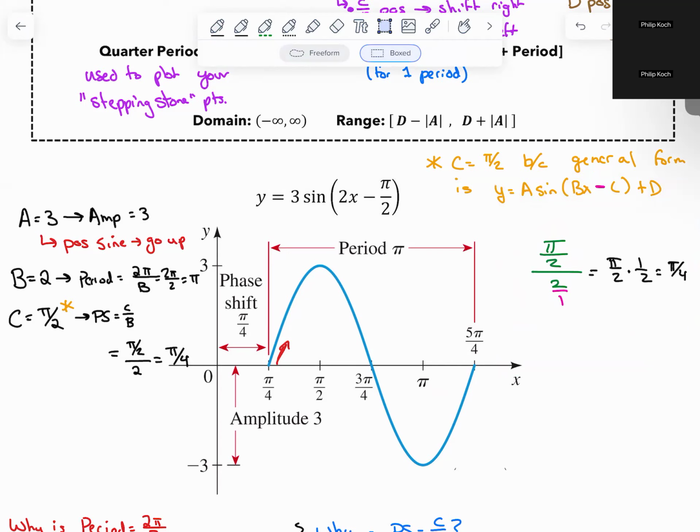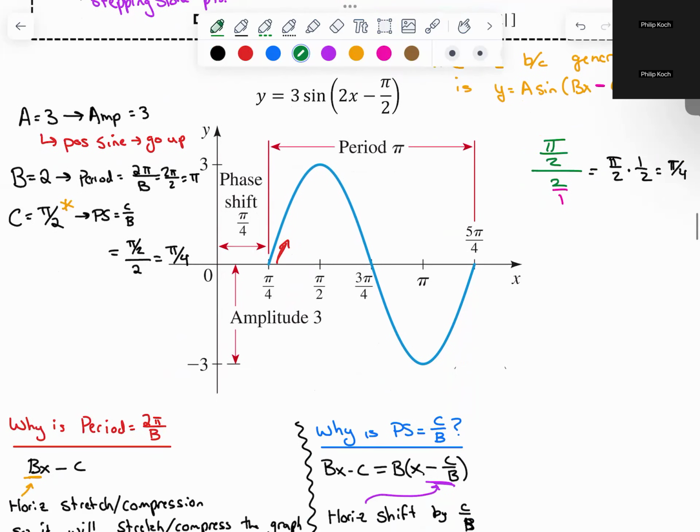So the phase shift was pi over 4. You'll notice the original sine graph would start at 0, but this one is positive. Let's use green. Positive implies a shift right. The right shift is by pi over 4 units. This is a lot of information, guys.